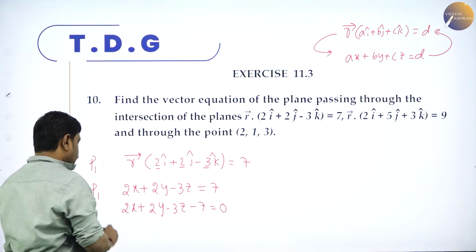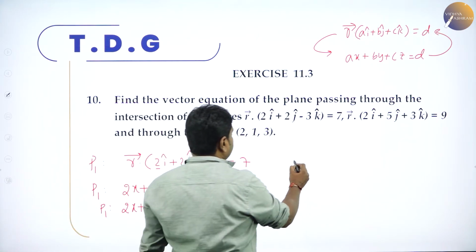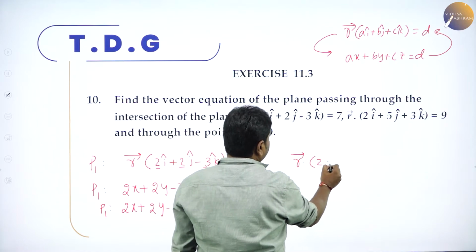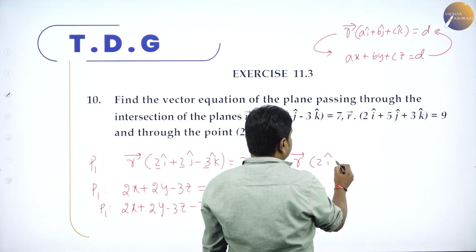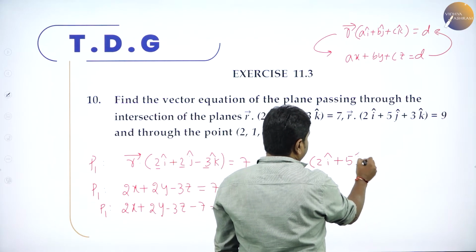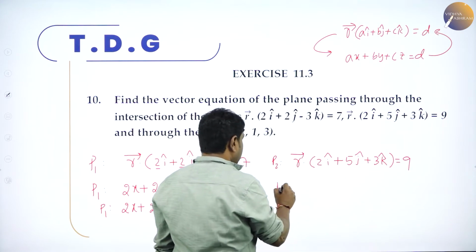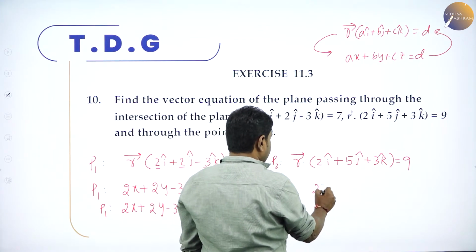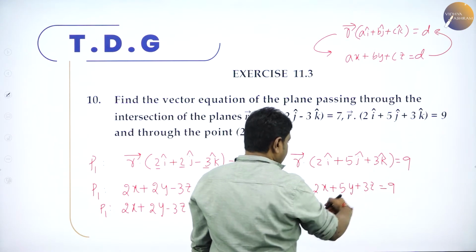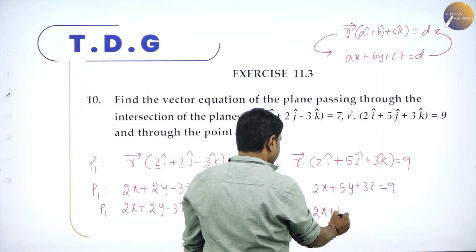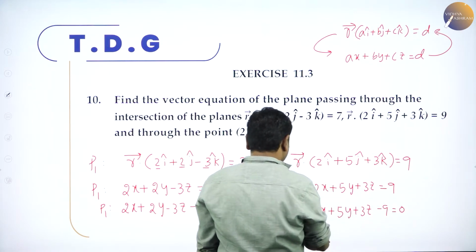Always the equation of plane P1 should be in the form equal to 0. Then similarly the second plane: r dot (2i cap plus 5j cap plus 3k cap) is equal to 9. Write it in Cartesian form: 2x plus 5y plus 3z is equal to 9. Bring it to LHS, so it becomes 2x plus 5y plus 3z minus 9 equal to 0. This is plane 2.